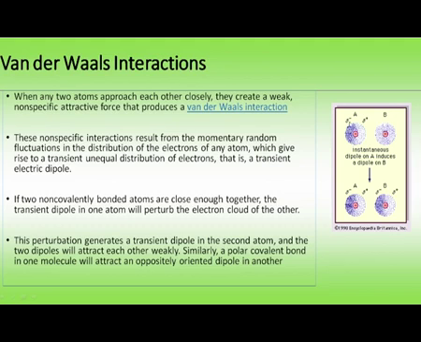Therefore, this attains a partial negative charge and this portion attains a partial positive charge. Now, let us assume that at such an instance where this portion of the atom is highly electronegative or polar, negatively polarized, and this portion is positively polarized, has come in close proximity to another atom called B.